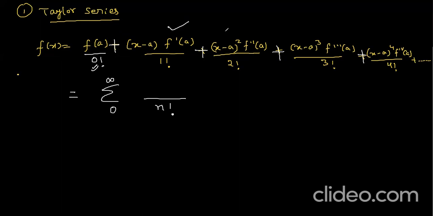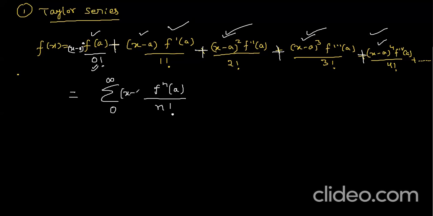This is the first derivative, second, third, fourth, and this is no derivative. It means x minus a raised to 1, x minus a raised to 2, 3, 4, and this is x minus a raised to 0, because anything raised to 0 is 1.